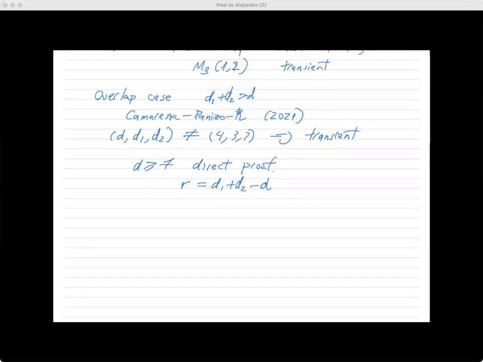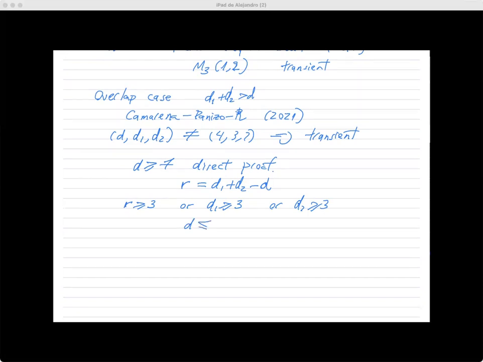Essentially you can see that whenever R is larger than or equal to 3, or D1 is larger than or equal to 3, or D2, then you will have transients. And this means that, well, that corresponds to D larger than or equal to 7.